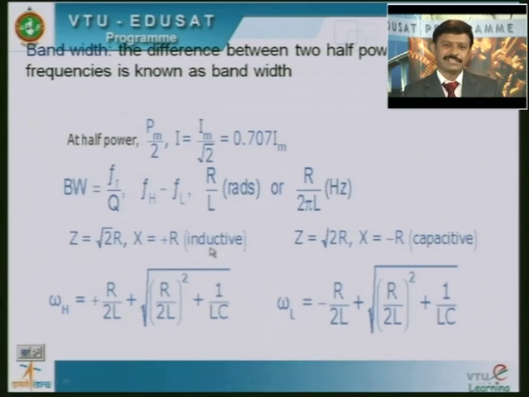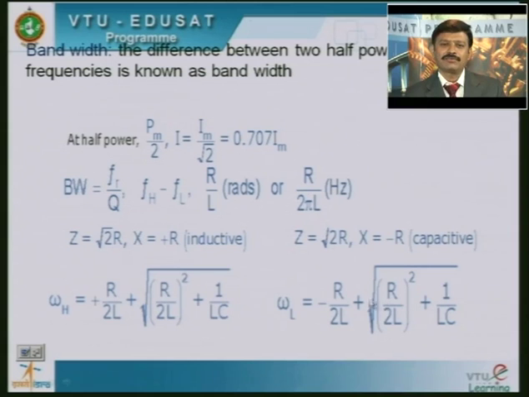I already told when it will be inductive and when it will be capacitive. Z is equal to root 2 times R, its reactance will be plus R, it is inductive in nature, and here it is minus R, capacitive in nature. Then how to find the 2 individual frequencies, higher cutoff frequency and lower cutoff frequency? If you have the values of R and L, we can use this expression: higher cutoff frequency is plus R by 2L plus square root of R by 2L whole square plus 1 by LC.